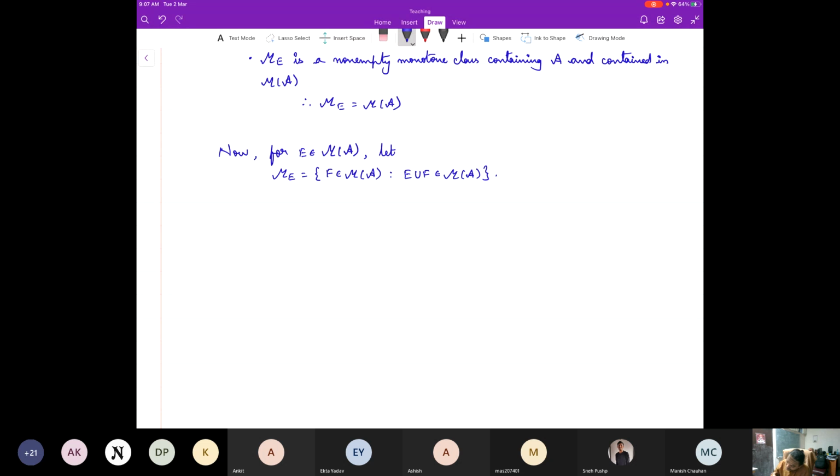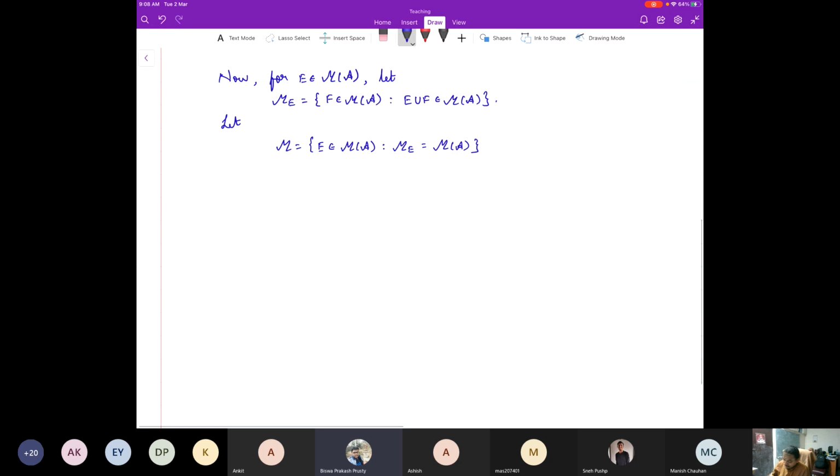Now what you do is let script M equal all those E in M of A such that ME is equal to M of A. So what does it tell us? Therefore, E belongs to script M.